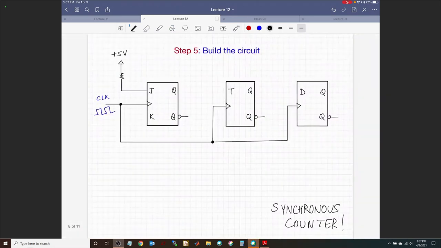Is there a QB available to me? Right there, the output of the T. That's right. So the output of the T went into the input of this one. Okay, so I'm done with JC and KC.